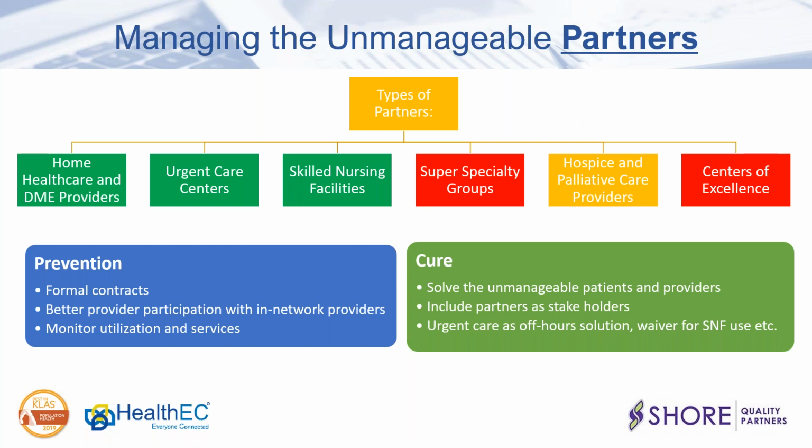So the example you used with how you ranked all the specialists, again, that's an approach to managing poor, uncooperative, poor citizenship in terms of providers as well. With referrals, with specialists, with urgent care, skilled nursing facility, any of the partners, that's easier.